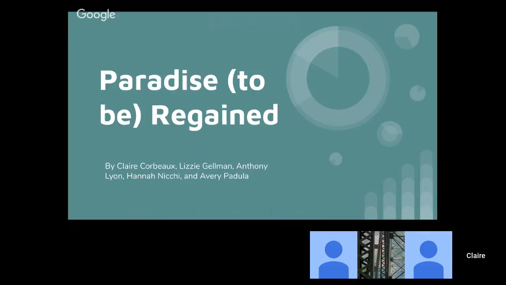So, we did our project on adding a text to the Reader's Thoreau. We added a work by Thoreau, and we chose one of his essays called Paradise to be Regained.